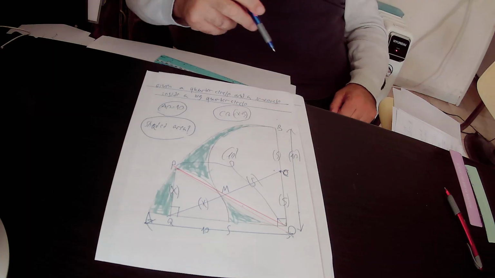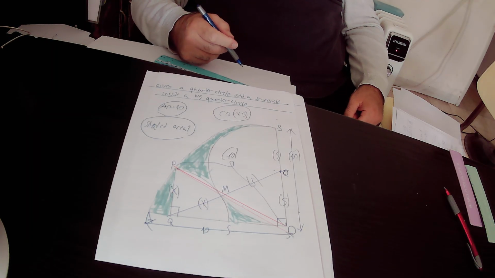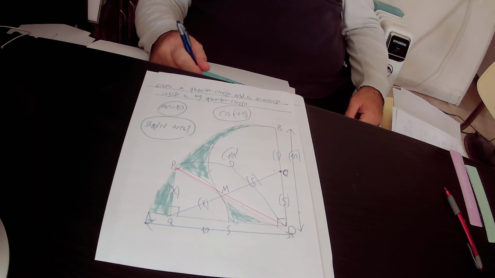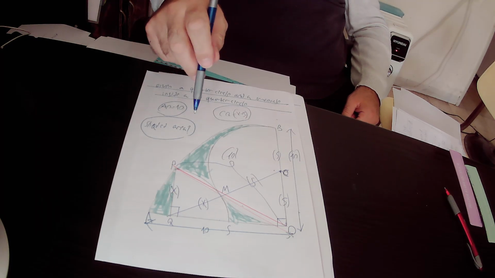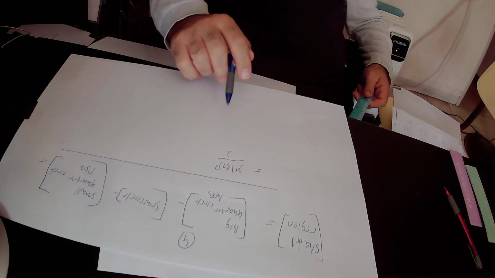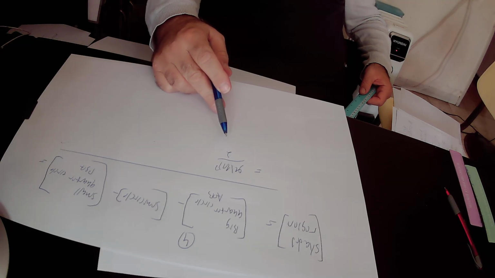The radius of this big quarter circle AOB is 10, and therefore the area must be equal to pi times 10 squared over 2. In total, the area of this big quarter circle is pi times the radius squared over 2, that is to say pi times 10 squared over 2.